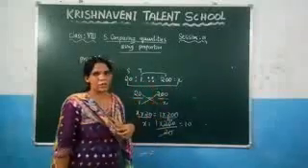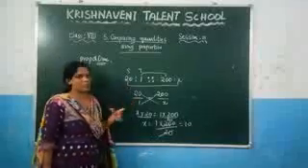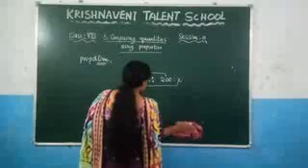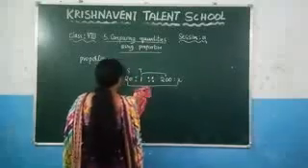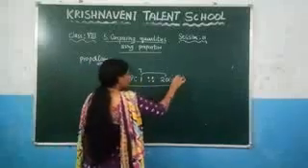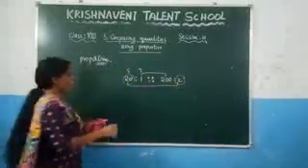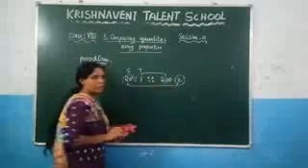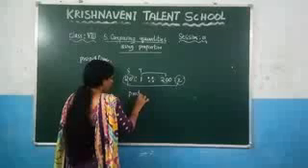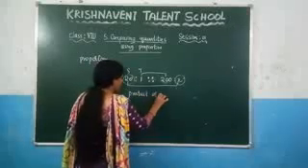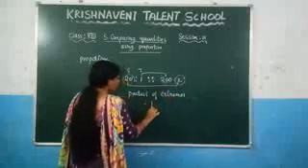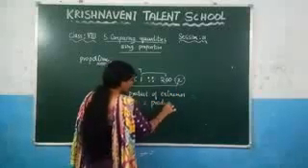So here this x and 20, what we call them? This one we call 20 and x. These we call the extremes. And 1 and 200 we call the means. The product of the extremes is equal to the product of the means.